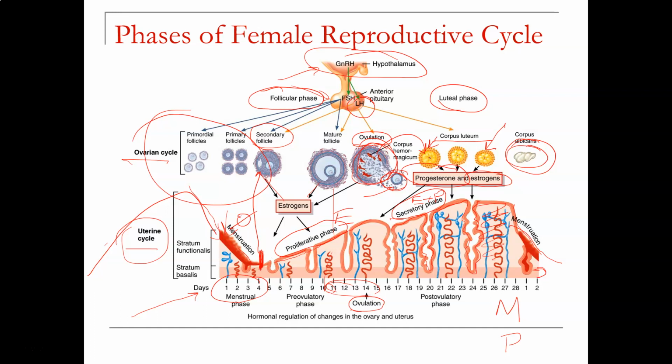Okay, and then the last thing I wanted to mention is that in females, the ovarian and uterine cycle do not continue throughout the life of the healthy female. They end at what's called menopause, usually in a woman's 50s. That's when the ovary stops going through these cyclic changes and you stop having the uterine cycle. And this ties back to the additional function of the female reproductive system. It's providing a site for pregnancy.